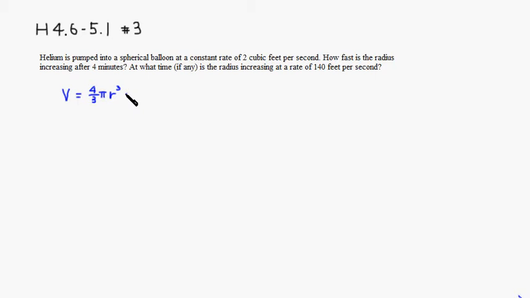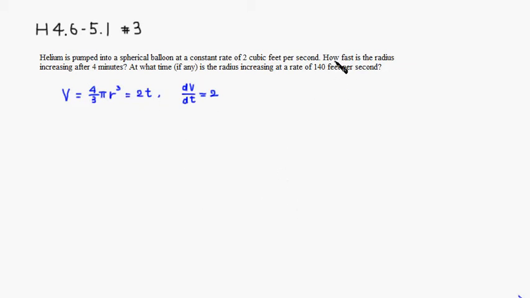So the volume is equal to 2 times t. We can also write it as the rate of change of the volume with respect to time, so dV over dt is equal to 2, because the derivative of that is 2.